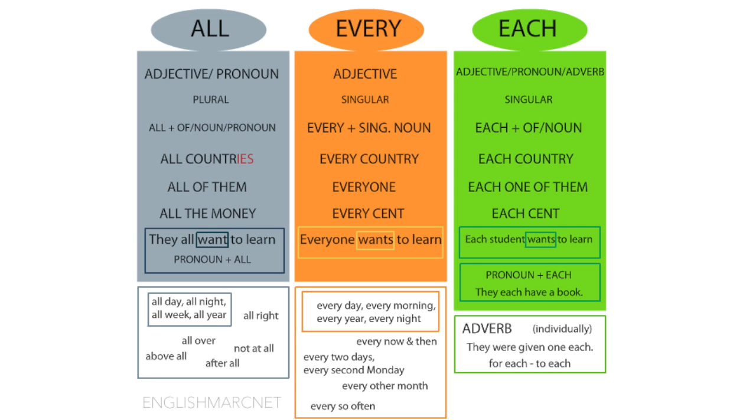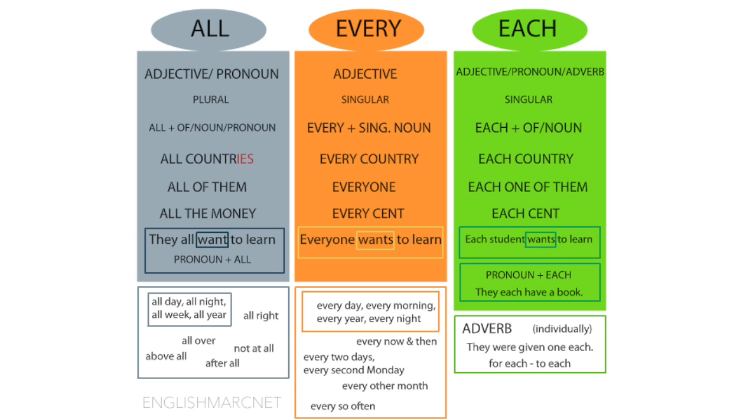Each one of them, as in everyone or all of them. Then each cent, and I used every cent for every, and then all the money to use all. You can see the different uses here. And I gave an example: each student wants, and this is the third person singular, each student wants to learn English.